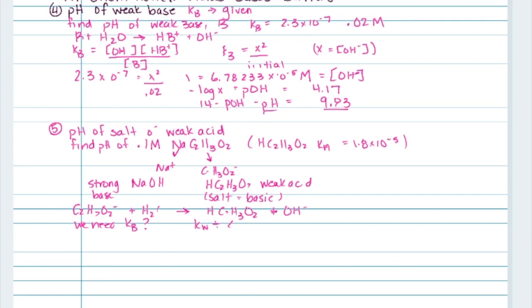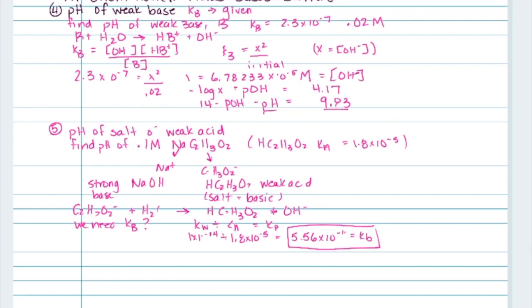We Kw the Ka to get the Kb. So we do 1 times 10 to the negative 14 divided by the Ka, and when that comes out of the calculator, that will be the Kb of our salt.